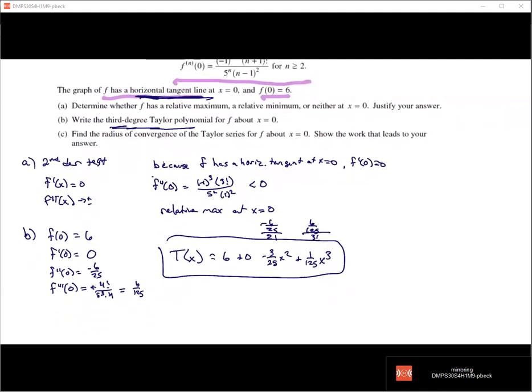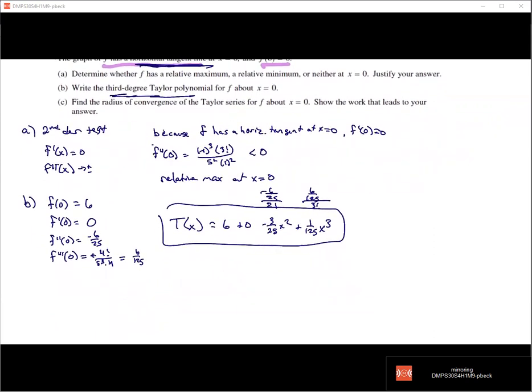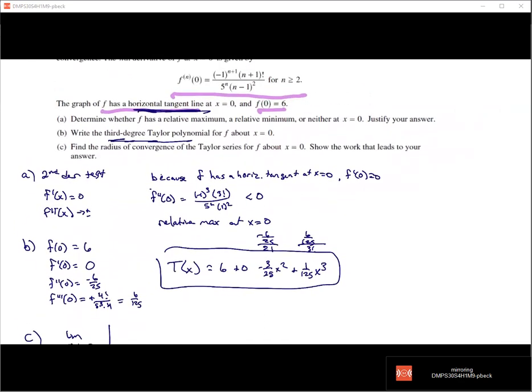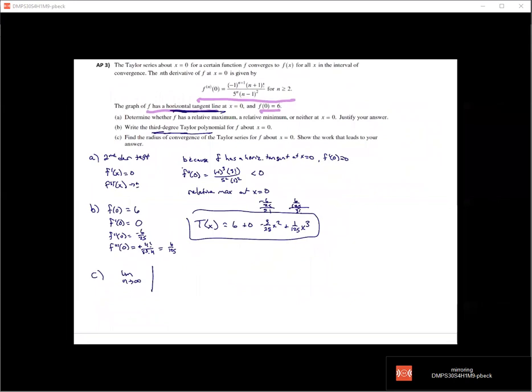All right, moving on. Radius of convergence for our Taylor series. In order for us to have our radius of convergence, if you remember, we're going to have to take our limit as n approaches infinity of our next derivative's coefficient. So I'm going to move back up and say that it's going to be negative 1 to the n plus 2 times n plus 2 factorial over 5 to the n plus 1 times n squared, and that would be x to the n plus 1.